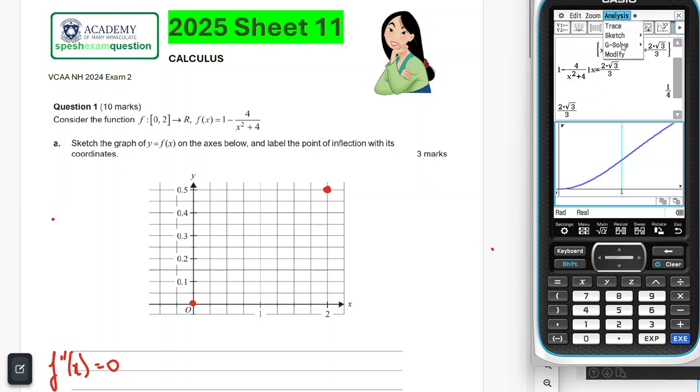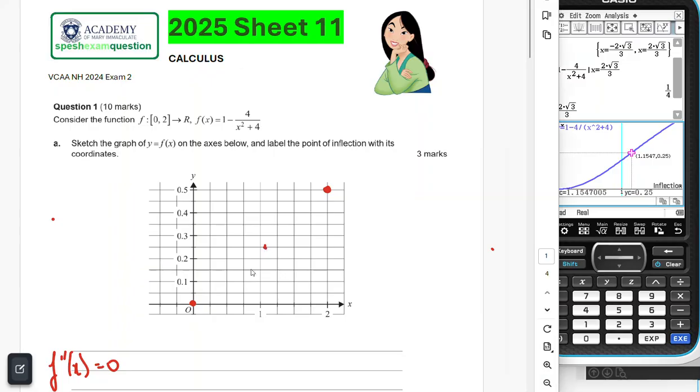If I go to analysis, I get my point of inflection, and it's at 1.154, about there.